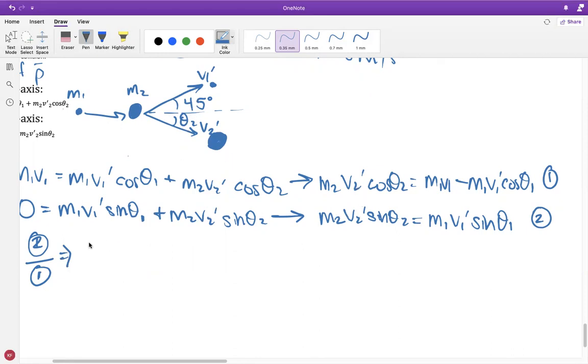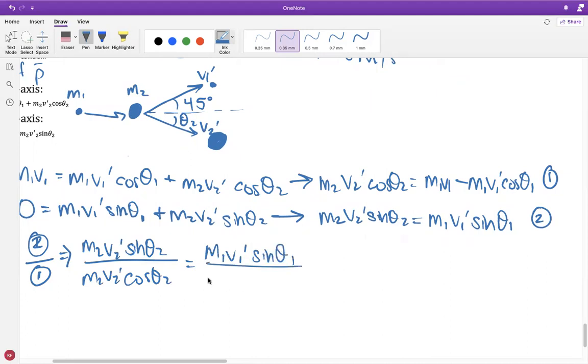So I have M2 V2 prime sine theta 2 divided by M2 V2 prime cosine theta 2 equals M1 V1 prime sine theta 1 over M1 V1 minus M1 V1 prime cosine theta 1.